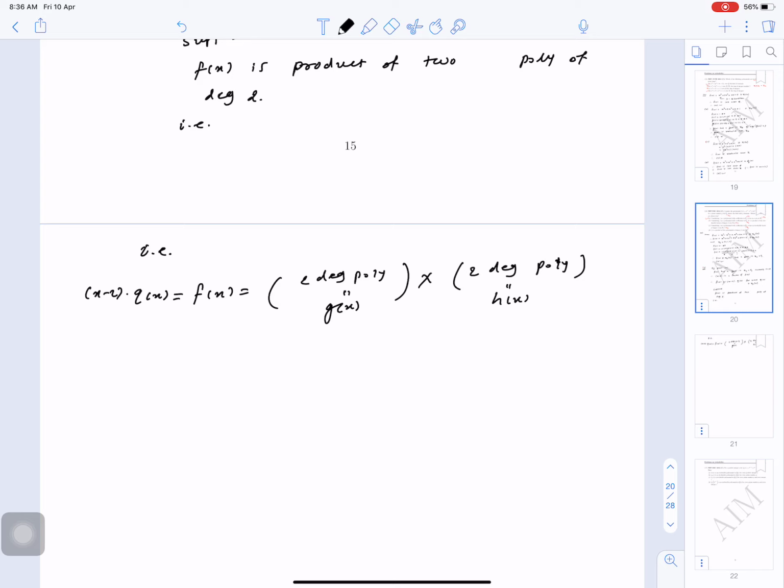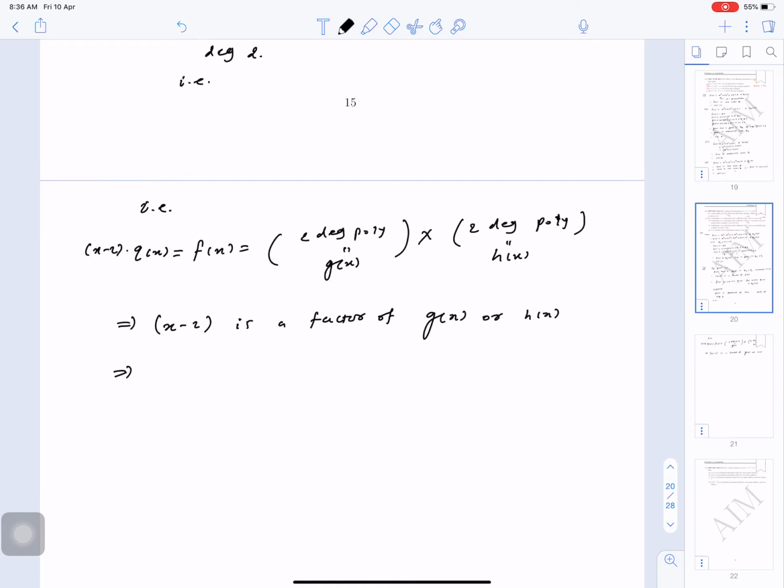So it means x minus 2 is a factor of g(x) h(x). See here, x minus 2 divides the RHS, and the RHS is g(x) times h(x). So x minus 2 divides g(x), or x minus 2 divides h(x). So x minus 2 is a factor of g(x) or h(x).